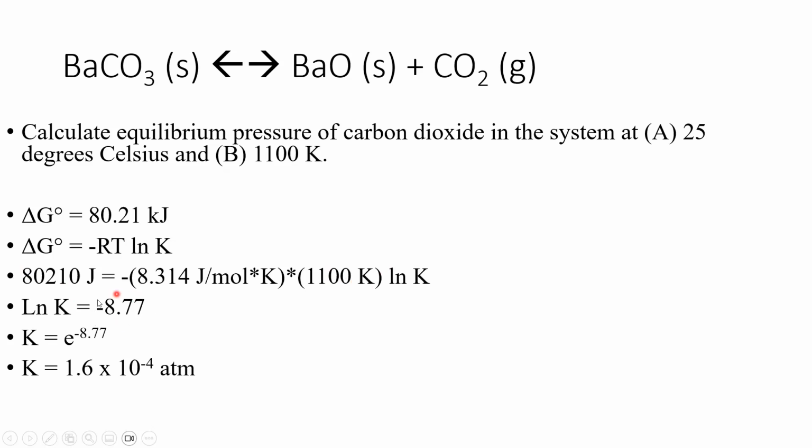So that's why we see a different number here rather than negative 88. We get negative 8.77. But we can again get rid of that natural log by using E. And then the K value, which is still only including carbon dioxide, because both of these solids don't get included in the equilibrium expression. We're going to see in this case, the pressure is going to be much, much larger. It's going to be 1.6 times 10 to the negative 4th atmospheres.